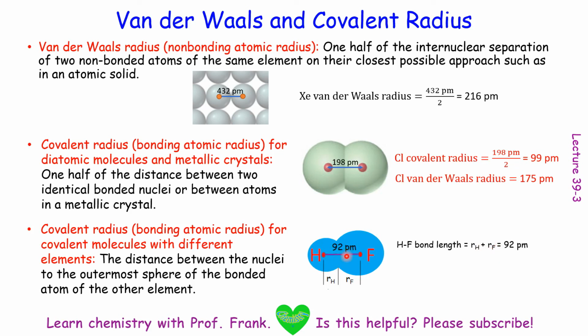Since they are not identical atoms, like in the Cl2 molecule, the smaller atom should have the shorter covalent radius. That's why the hydrogen covalent radius in the HF molecule is 33 picometers, while the covalent radius for fluorine in the HF molecule is 59 picometers. 33 plus 59 equals 92 picometers.